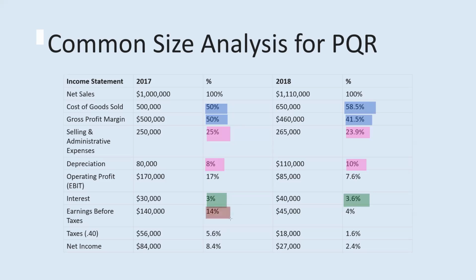But in 2018, it is 4%. This may be due to the decrease in selling expenses and the increase in depreciation. So our profit before tax figure has been reduced in 2018.